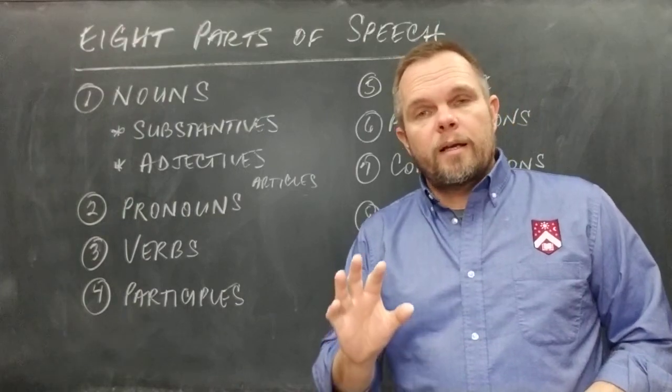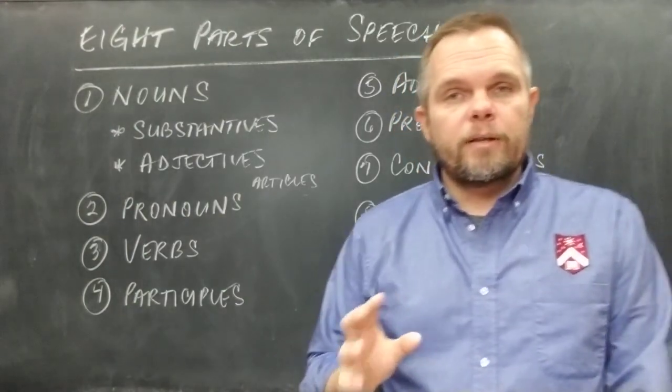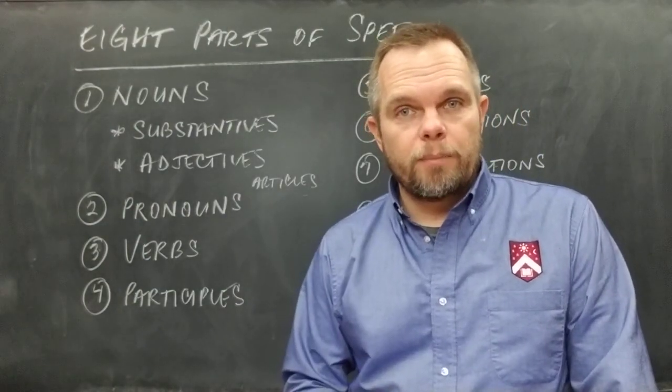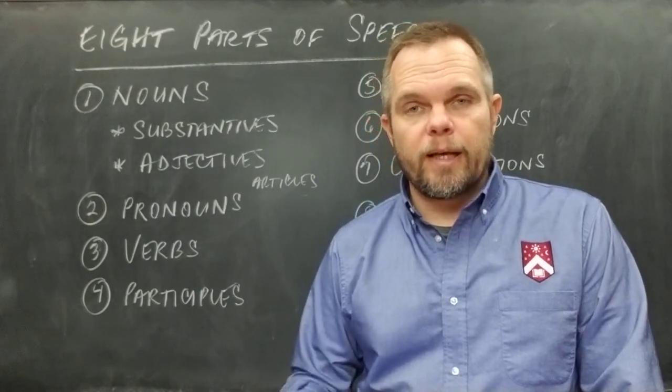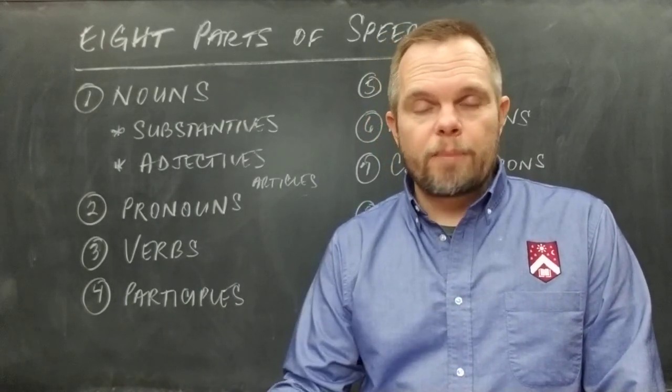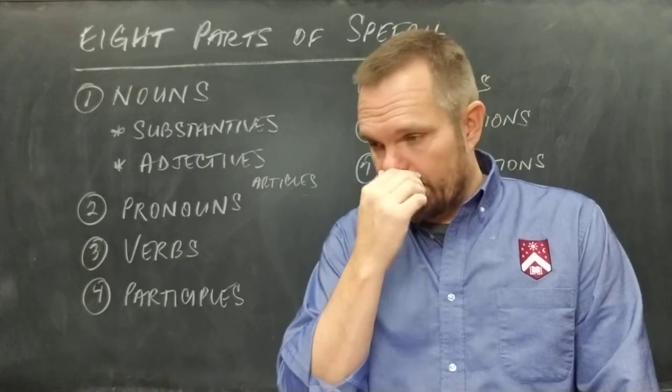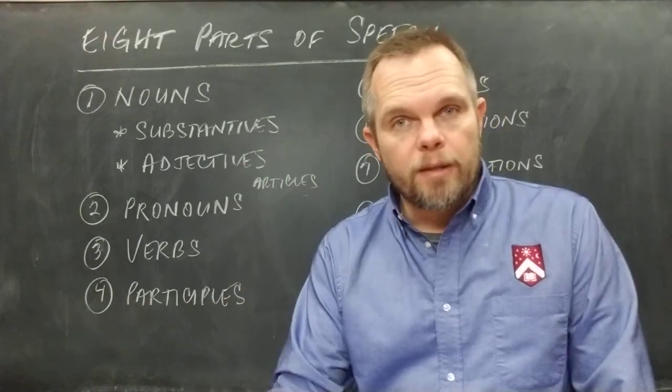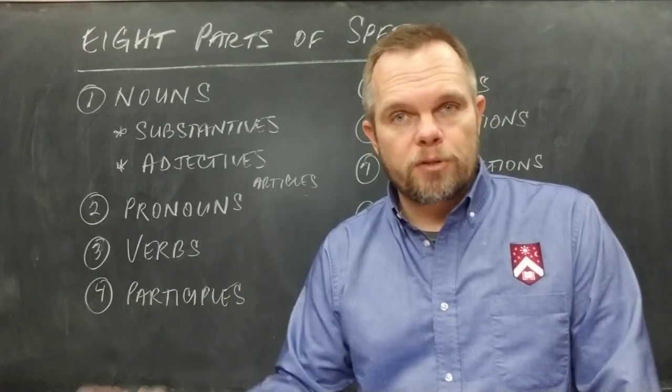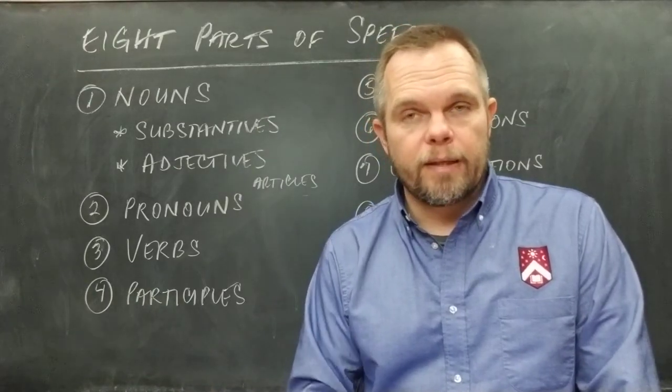Now, in English, there is some confusion about the 8 parts of speech. If you study modern grammar books or even older grammar books, you'll find that they don't agree on how many parts of speech there are in English.